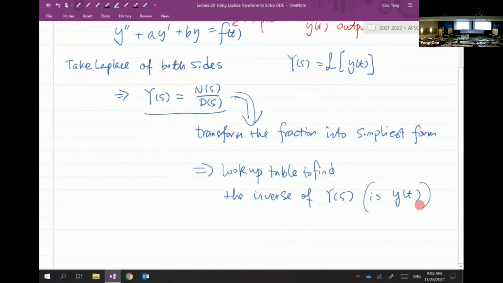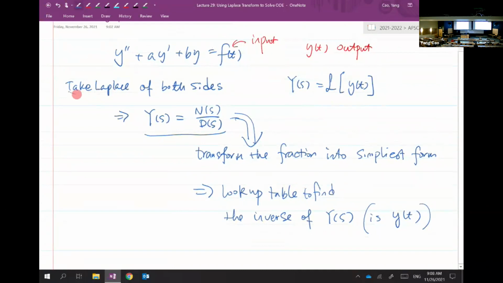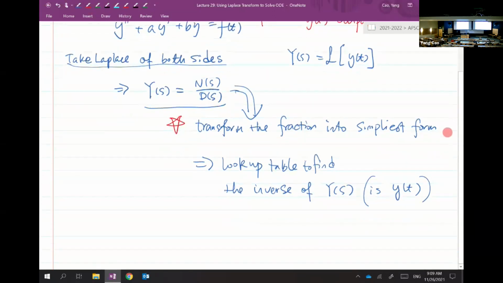That's the idea of using Laplace transform to solve ODE. The first step is actually not too bad. Taking Laplace of both sides, if you use the typical Laplace properties, you will be able to get a fraction, and that shouldn't be too difficult. Now the key here is to transform this fraction into the simplest form, so that you can use a table to find the inverse. So that's the key here.